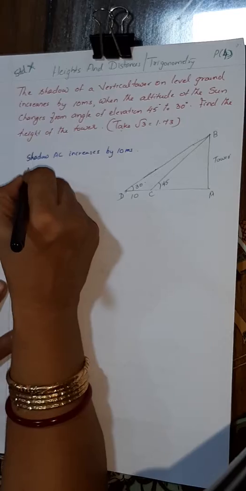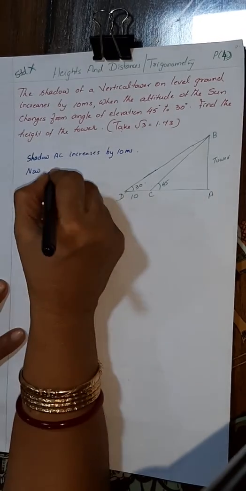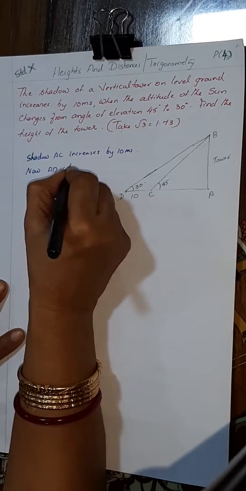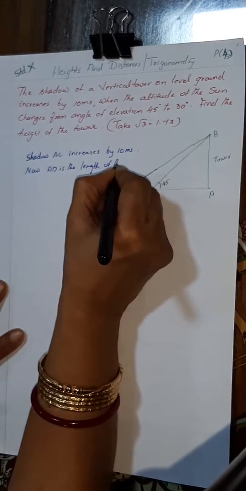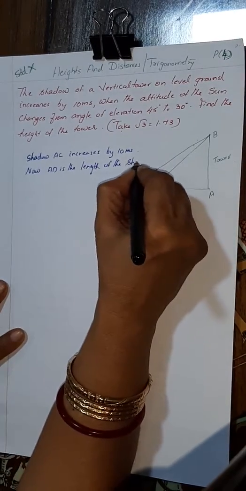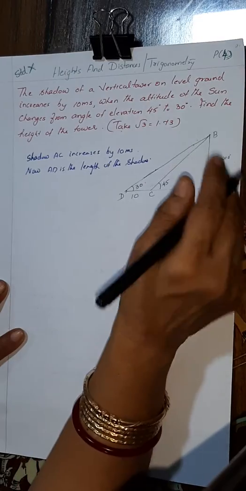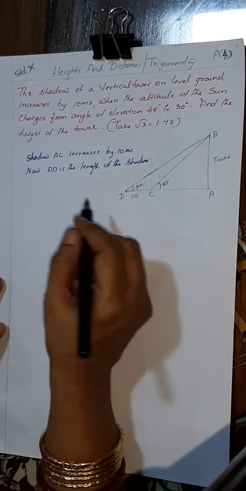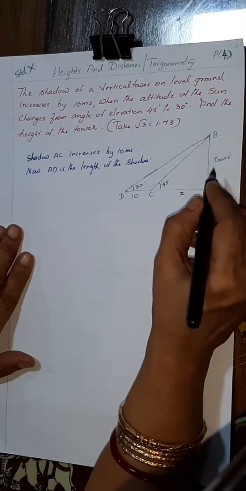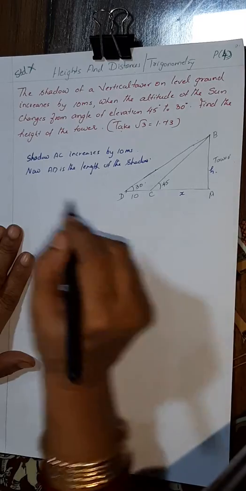So now AD is the length of the shadow. Find the height of the tower. So again we have to find, now this is given. So let us take this as x and this as h.